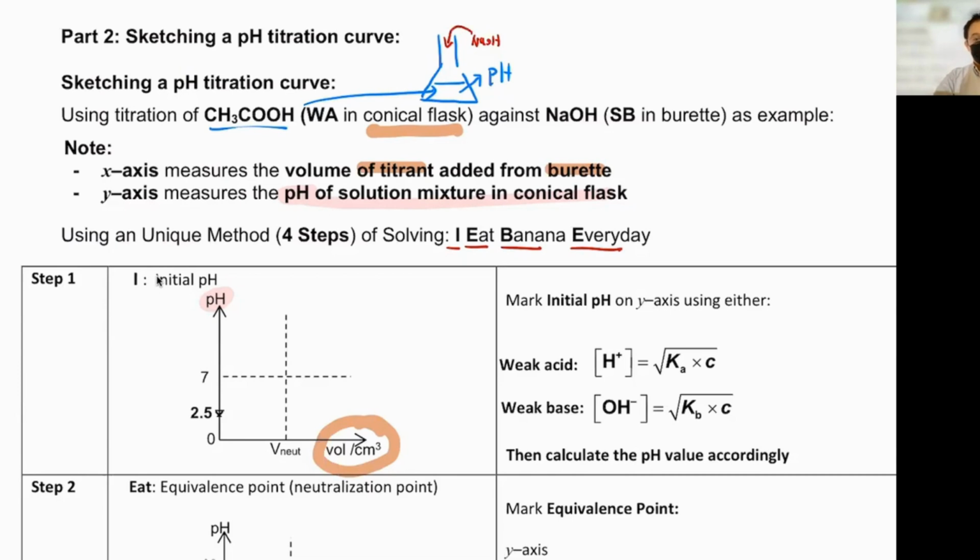What is your initial pH? If you have only a weak acid in the conical flask, what do you use? The weak acid formula. We just did it. What if you have a weak base in the conical flask? Use the weak base formula. That is the I here, one compound.